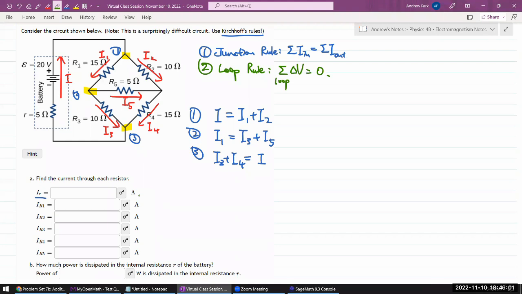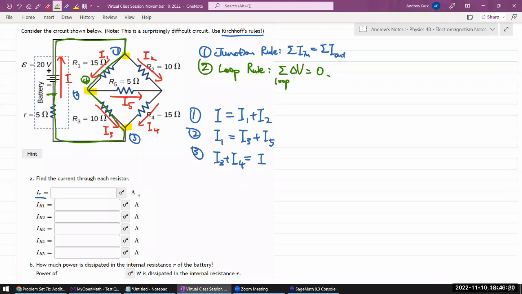Let me do it this way. I'm going to do a slightly less than orthodox way of doing this. Let me start from here, and I'm going to define one of the loops this way. Just choose a branch and go this way. This is going to be my first loop, which I will label as loop number 4 because it's going to give me equation number 4.